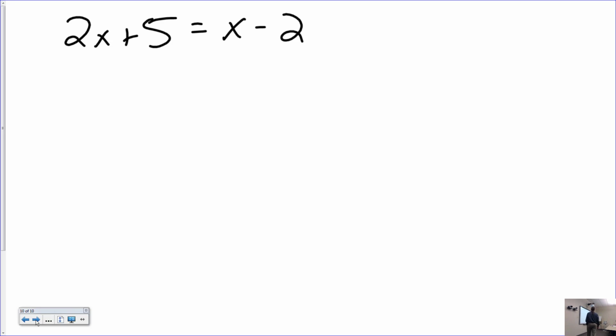Get it on one side. We need to get all of the x's on one side and all of the numbers on the other. How do we get an x from one side to the other? Tricks. Subtract or addition, depending on whichever one you have to do. So you can go either way, folks. You could subtract 2x and then subtract 2x over here, or you could subtract x and then subtract 1x over here. Which do you prefer to do?